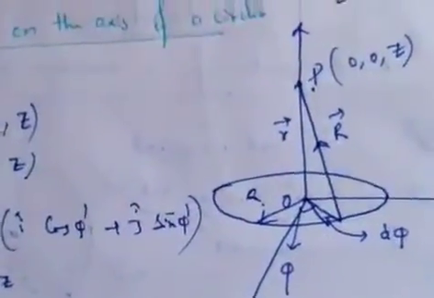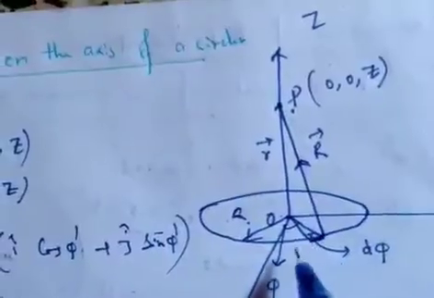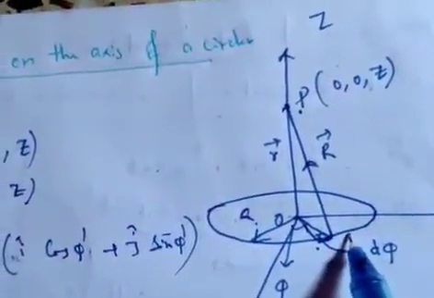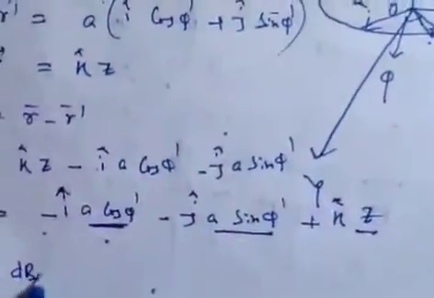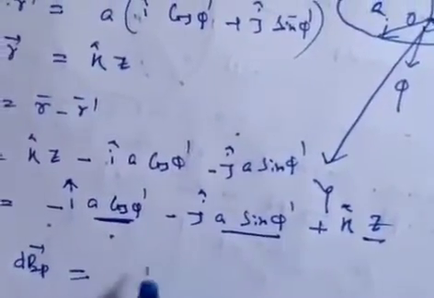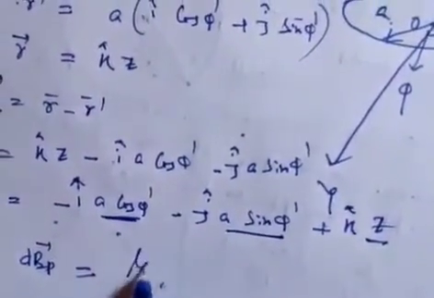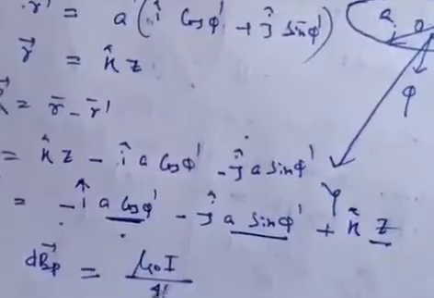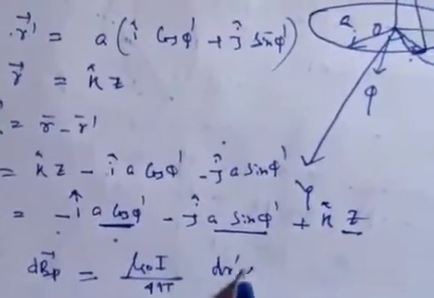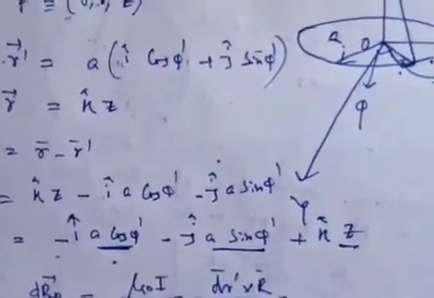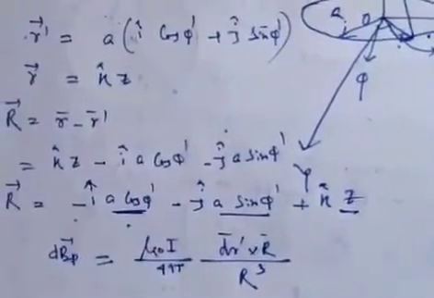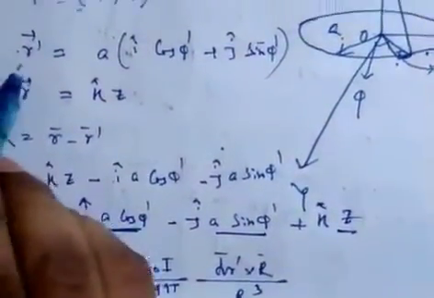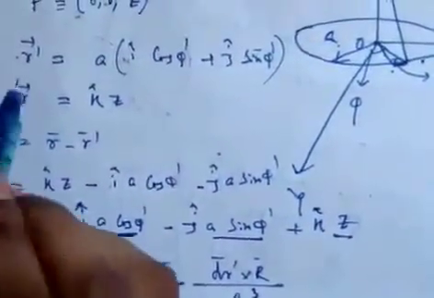Now we want to find the magnetic field at P due to an elementary length, that is, for this elementary portion phi to phi plus d phi. This will be dBp at P equal to mu 0 I by 4 pi times dr prime cross R by R cube. Clear? We have r prime, so there is a dr prime.